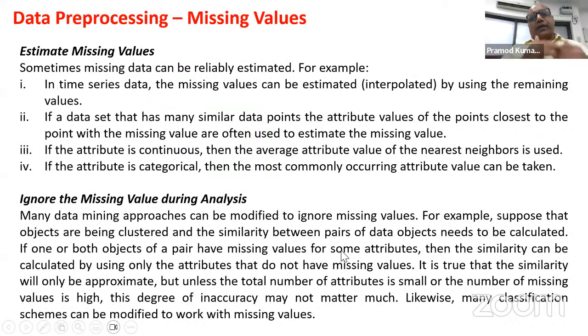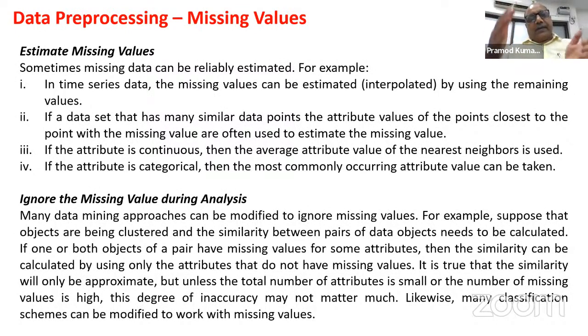But if a large number of attribute values are missing, then definitely you cannot do that. Suppose 5 or 6 values are missing, then only 14 attributes remain, and between the two objects there may be a great difference, especially when it is not channelized into one range, for example 0 to 1 or -1 to 1.